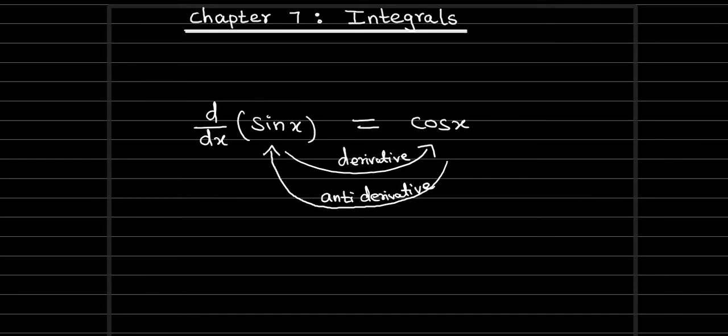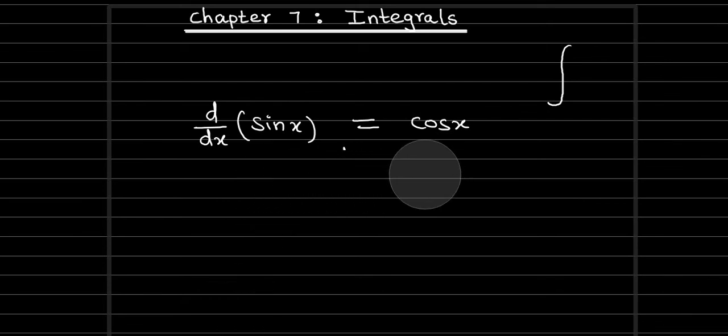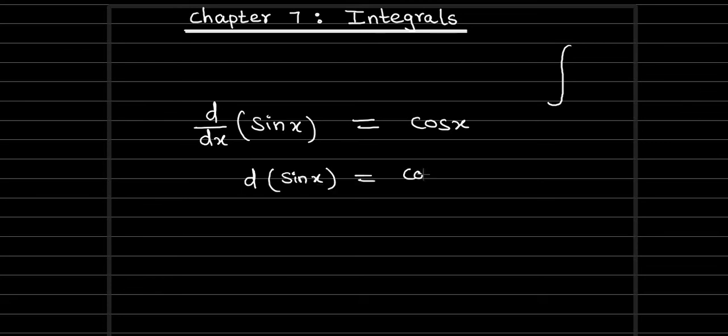So basically integration is the reverse process of derivative, and this is the symbol we use for integration, like a big S. Here itself I will show you how the formula comes. Now dx I am going to send to the other side, then we will have d of sin x equal to cos x dx.